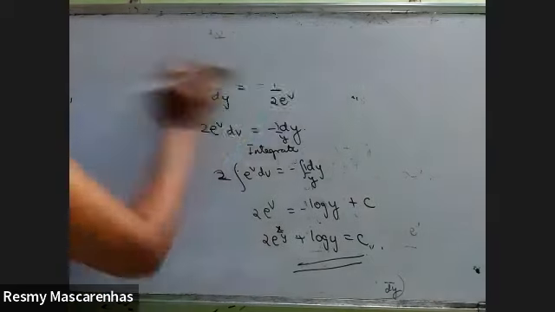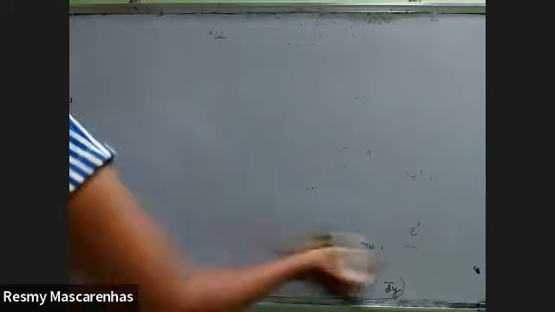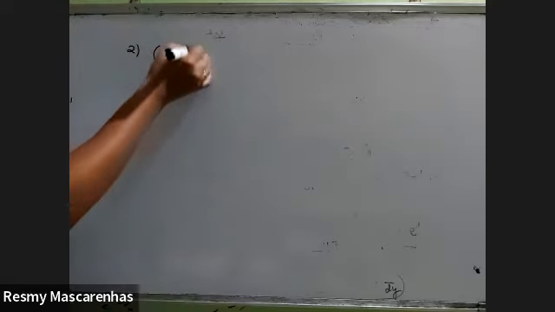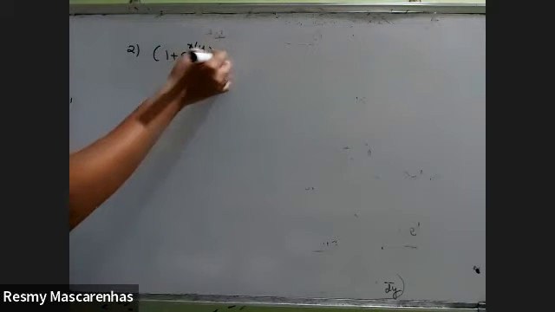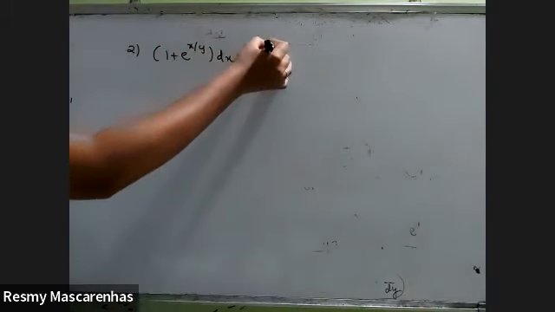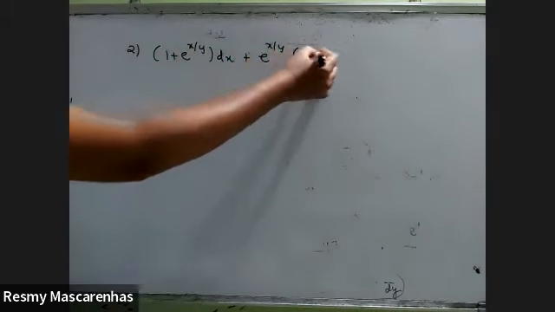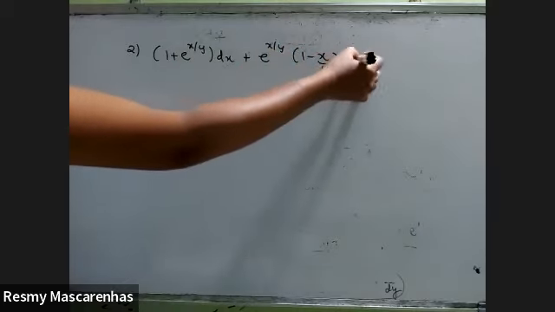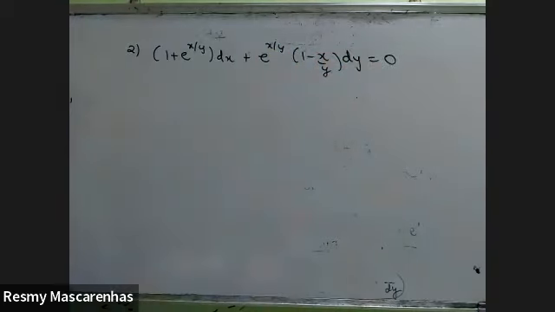The second one I had given you: 1 plus e raised to x upon y dx plus e raised to x upon y times 1 minus x upon y dy equals 0.